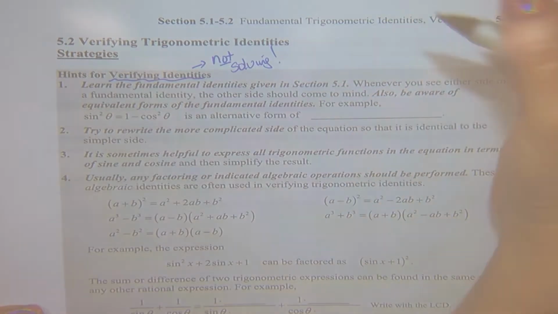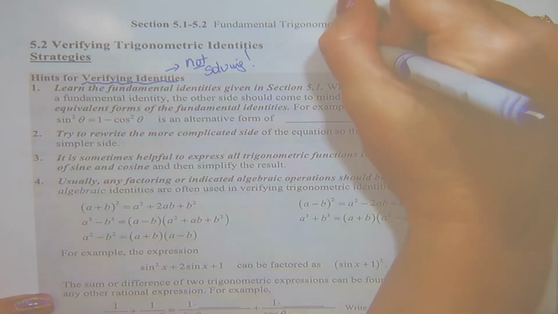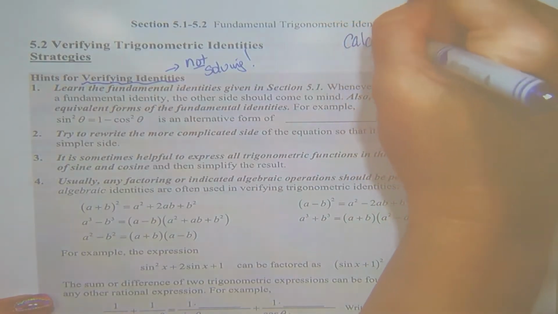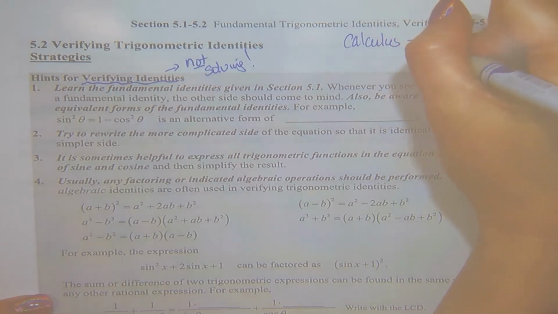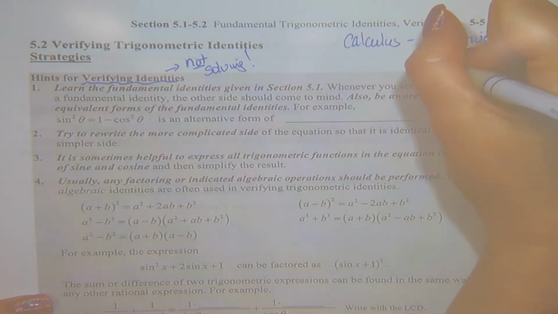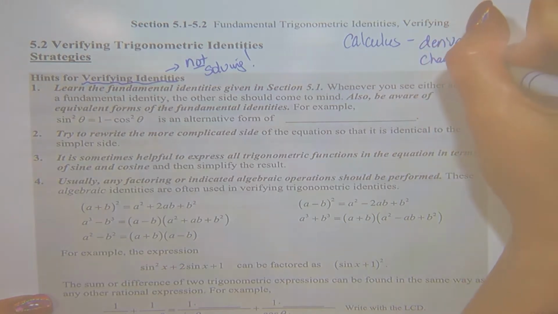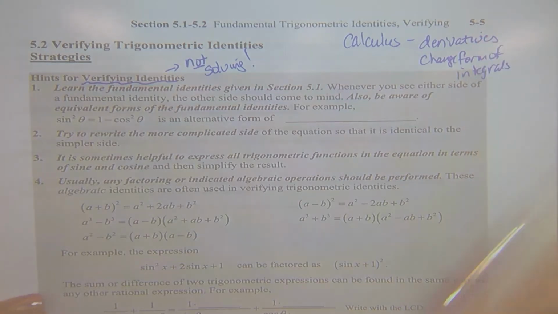You're going to use this type of thought process in calculus. You don't verify as much, but you're going to use the same tools when you're finding derivatives, when you're changing the form of integrals, and a lot of other skills that you're going to do in calculus.